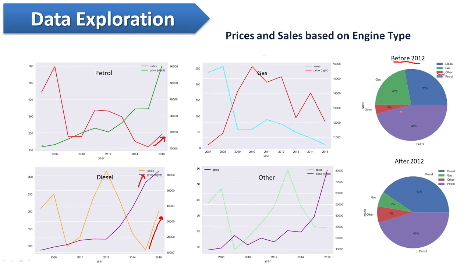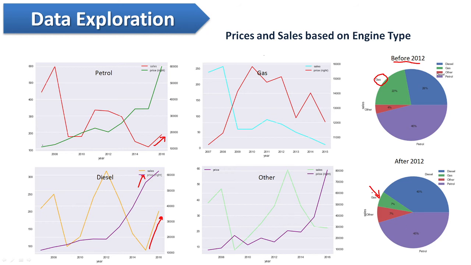Before 2012, gas cars occupied almost 22% of the sales, whereas in recent years that percentage has gone down to 7%, which is a very considerable number that we seriously need to correlate with our problem statement.